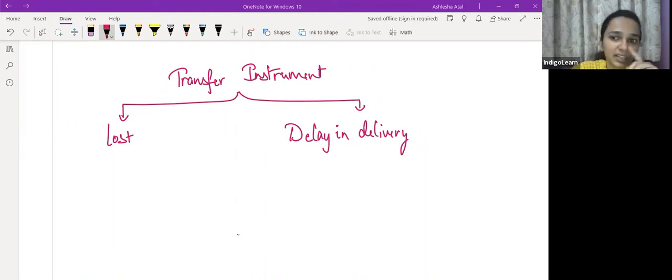Okay, why do you say नहीं होगा or the transfer will not be registered? Because it has not reached yet. Okay.